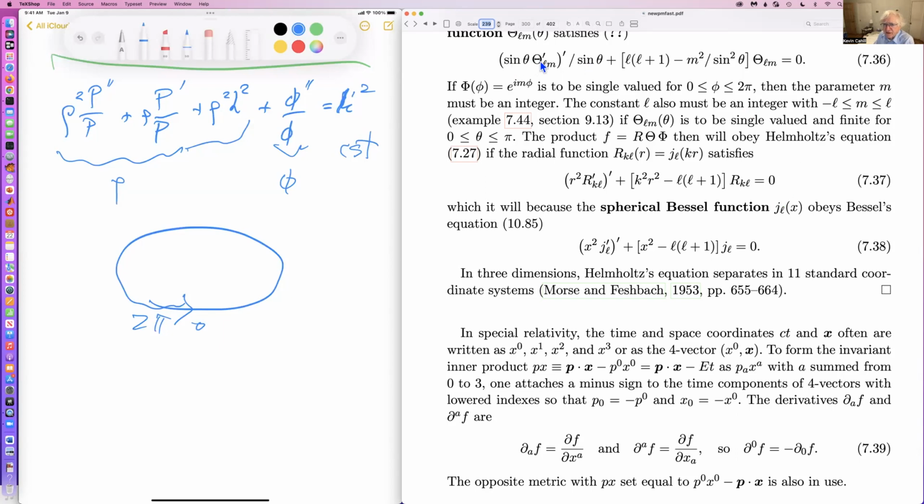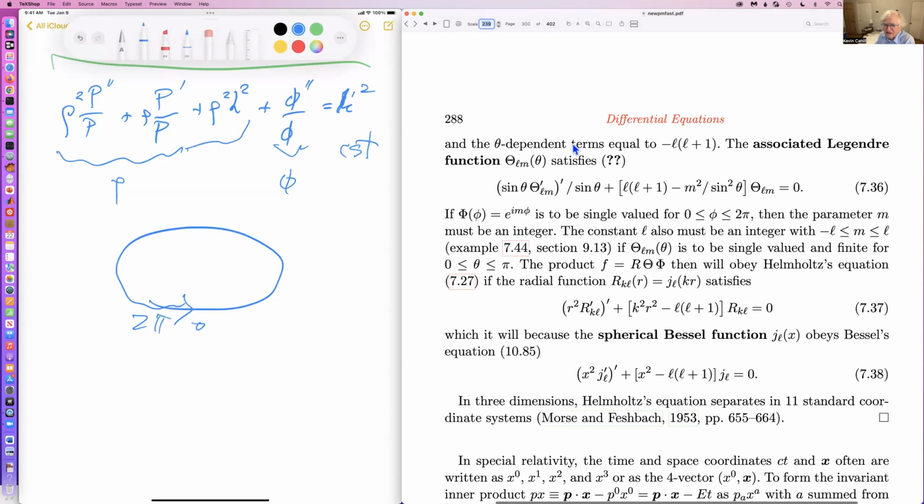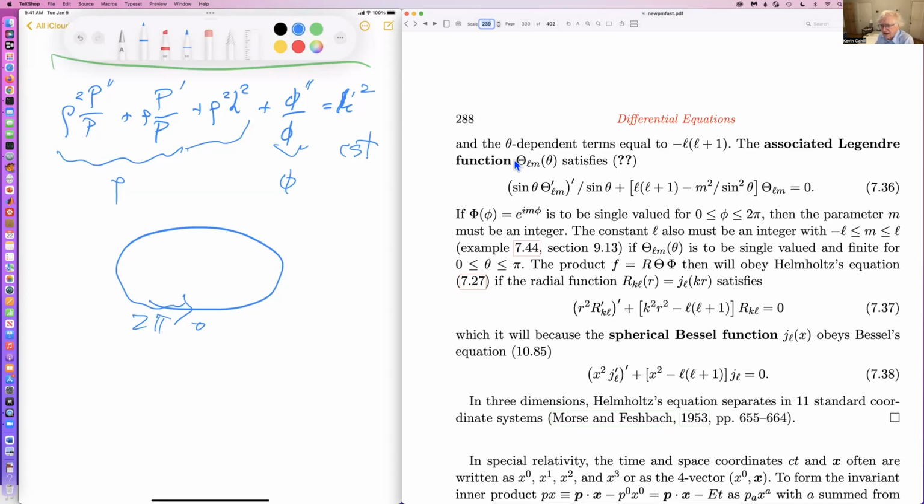Anyway, this is then e to the i m phi times what's called an associated Legendre function, a function of sine theta and cosine theta. We'll discuss that later in chapter 9 or so, maybe 10.